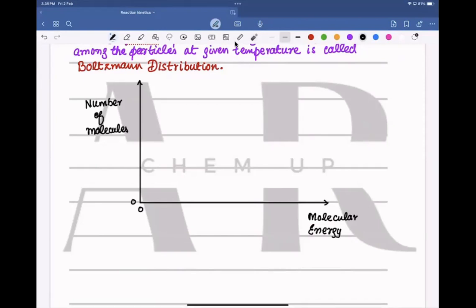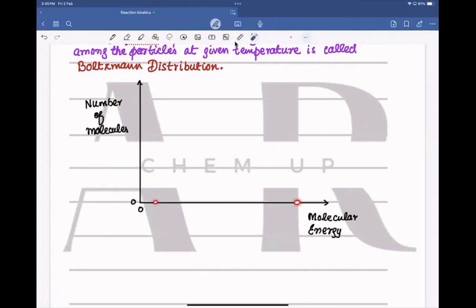So at this point, is the energy higher or lower? Higher, sir.